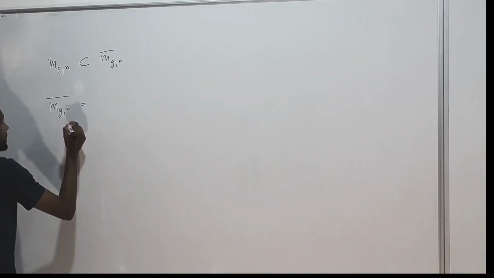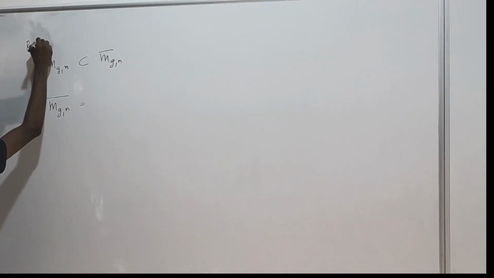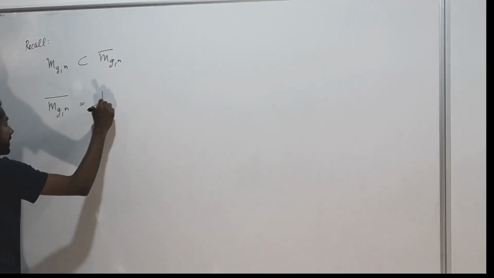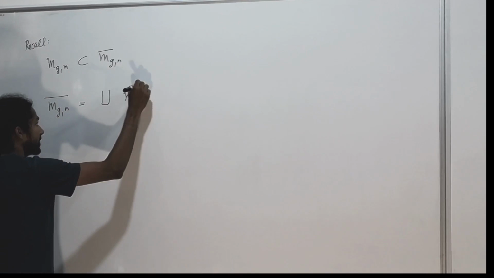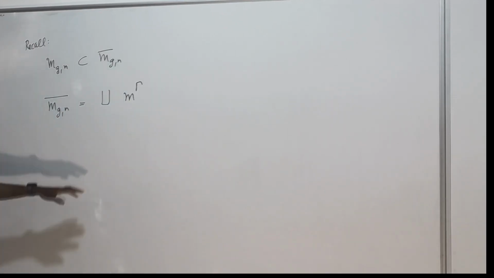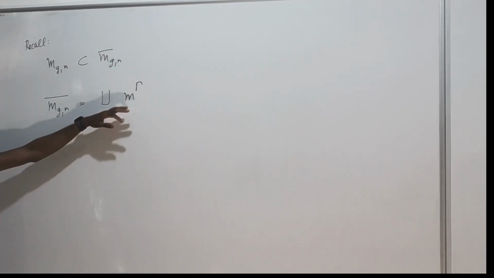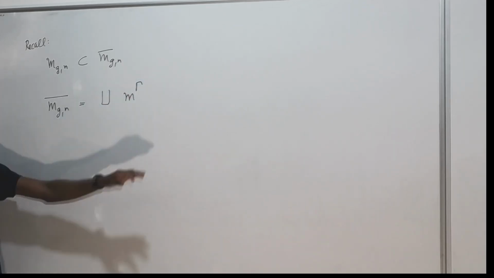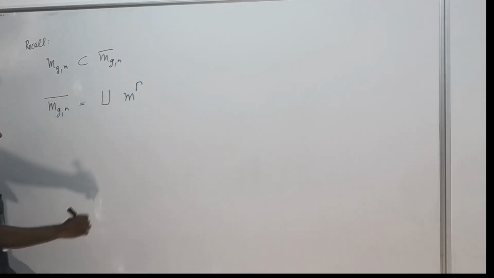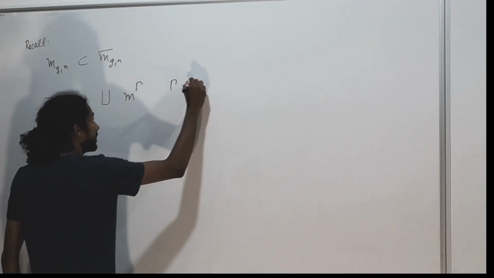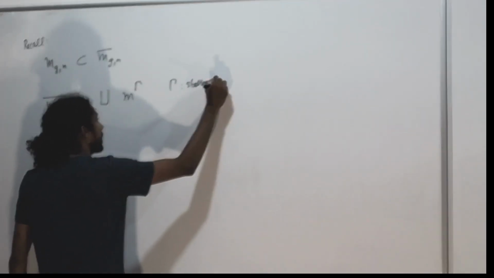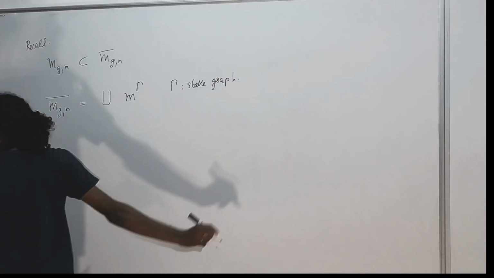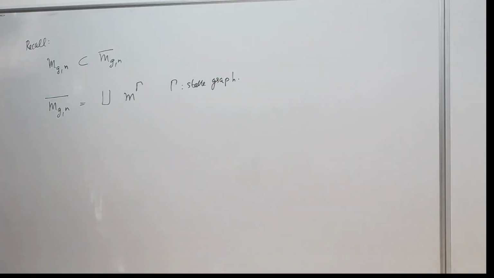And so recall, M_{g,n} bar was a disjoint union of various strata, and these were the moduli spaces of curves whose dual graph was isomorphic to this stable graph Gamma.